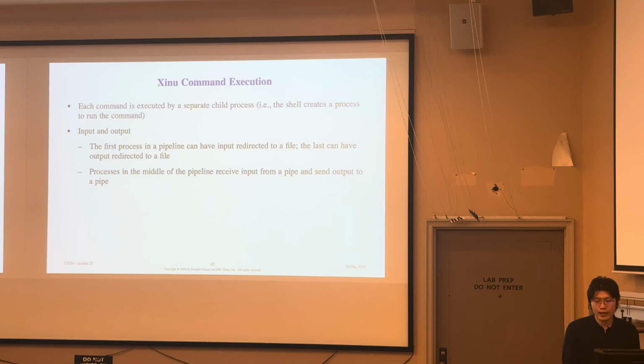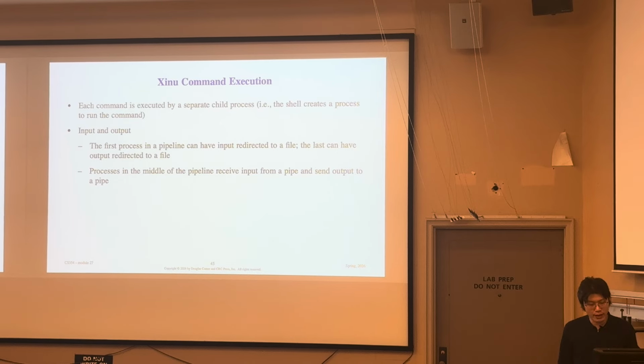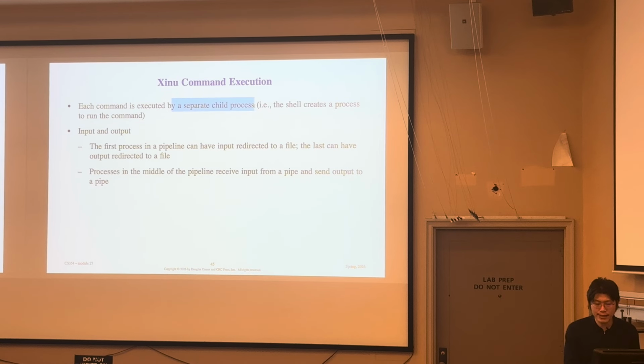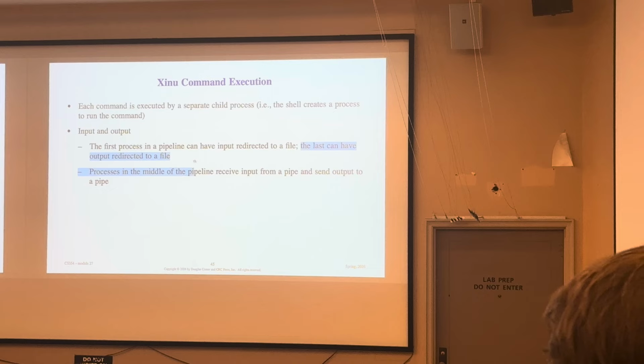All right, so command execution. Once the lexical analysis and parsing finish, you will invoke a command, and each command is executed by a separate child process. The shell creates a process to run the command. The first process in the pipeline can have its input redirected from a file, and the last one can have its output redirected to a file.